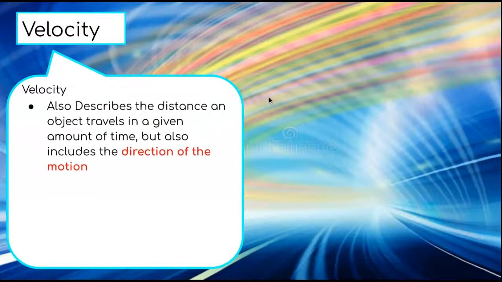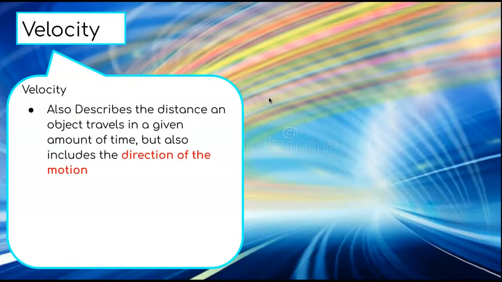So in addition to speed, we also have the term velocity. Very similar to speed, but we should certainly understand the distinction between the two terms. So velocity, just like speed, describes the distance an object travels in a certain amount of time. Velocity, however, in addition, describes the direction of the motion.